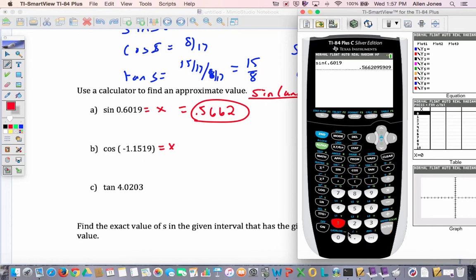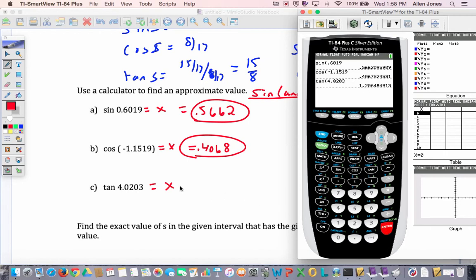So here we have 0.5662 as our answer. Same thing applies here. I'll go ahead and put an equal to x on the end of it just so it matches up. The negative 1.1519 is an angle measured in radians. So I simply type in the cosine of negative 1.1519. Notice here we get 0.4068 from our calculator.